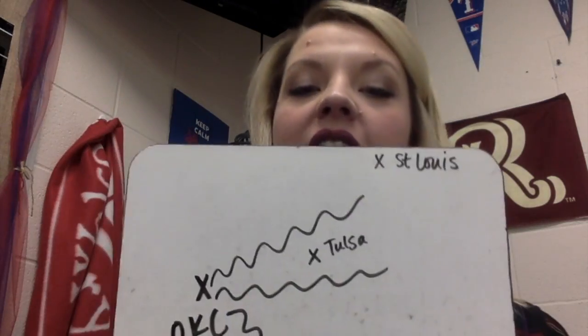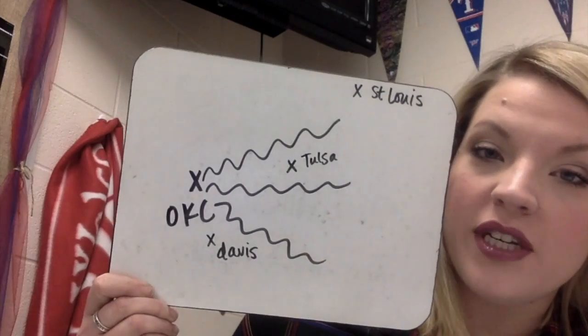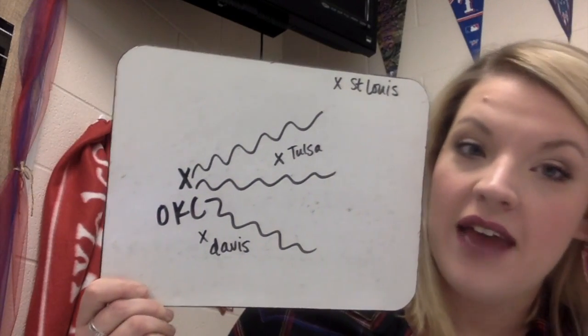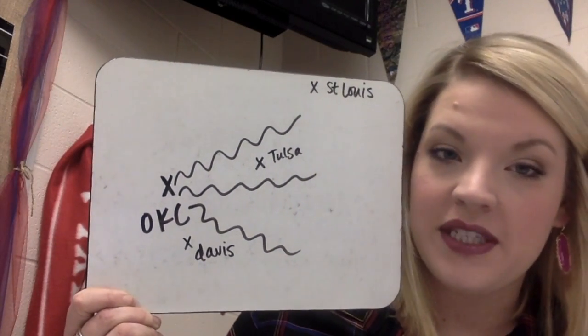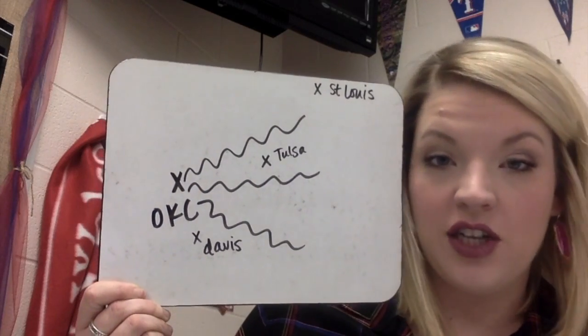And I've got one in, we'll just say, Davis. This is all hypothetical, okay? So if I've got these stations here, St. Louis, Tulsa, and Davis, and the earthquake happened in Oklahoma City, which seismograph station would be the closest?